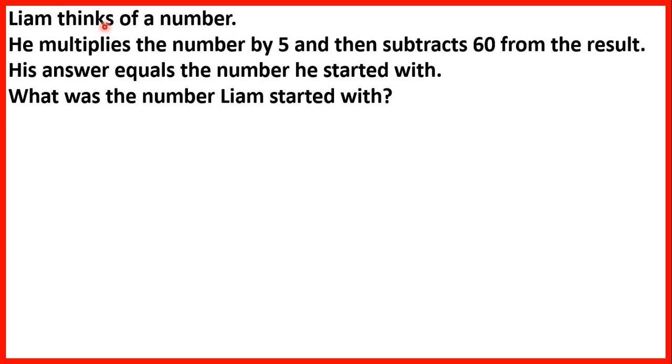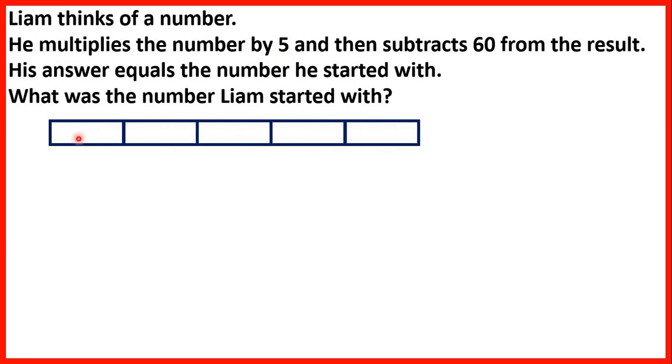If we're using a bar model, we can show a bar to show the number that Liam thinks of or starts with. We know that he multiplies the number by 5, so we can show 5 bars to show that he's multiplied what he started with by 5. And then when he subtracts 60 from the result, his answer equals the number he started with.